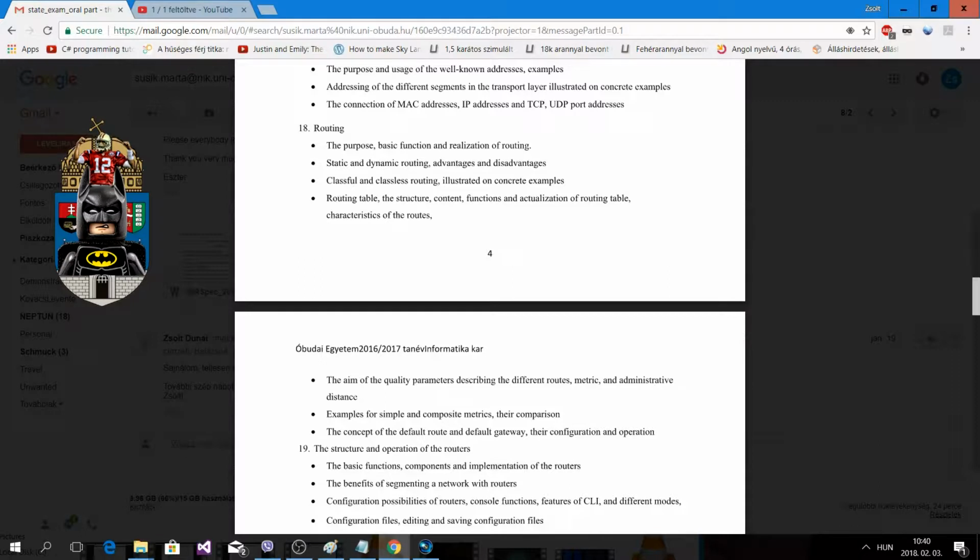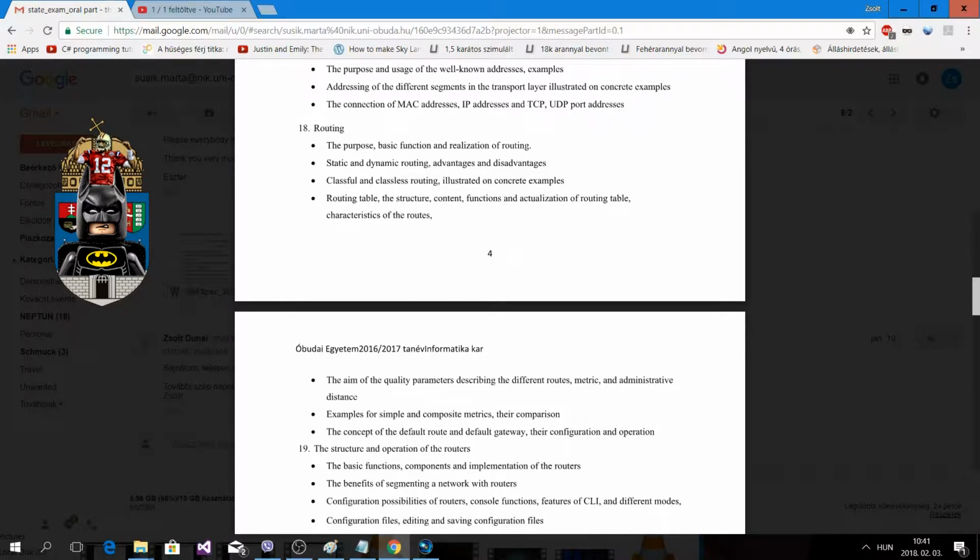Now it's the 18th topic, which is about routing. The purpose, basic function and realization of routing. Routing, so we are talking about the network layer, the third layer if we go from bottom to top in the OSI layers. Of course, routing is quite important because routers have their routing tables, and based on their routing tables they will forward the traffic to another network or to the destination immediately.